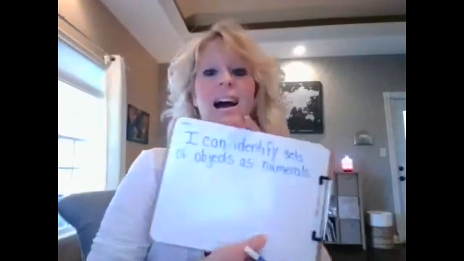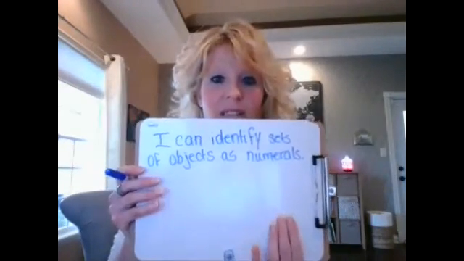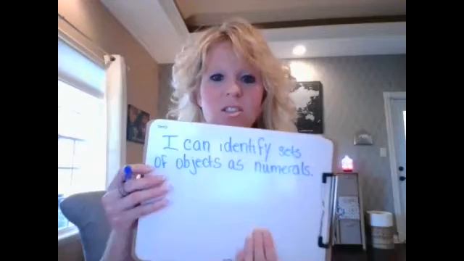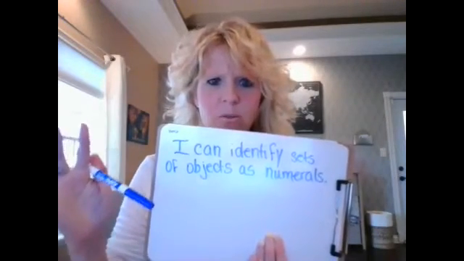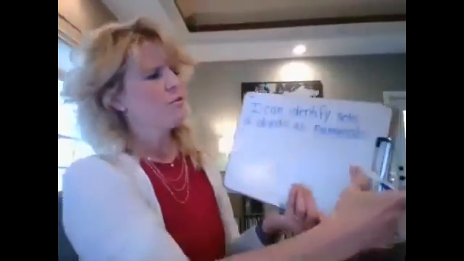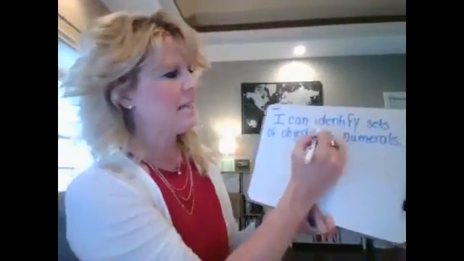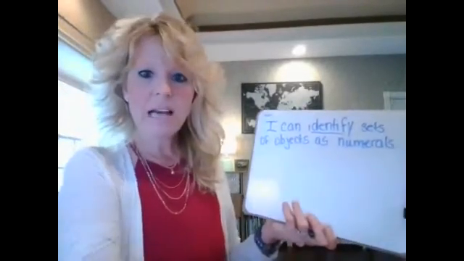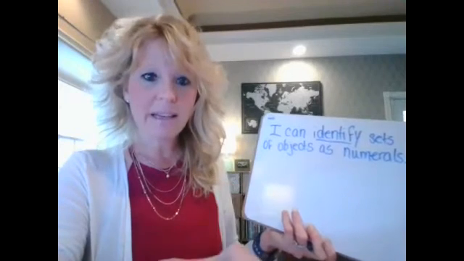Today, what we're going to learn about is I can identify sets of objects as numerals. So this is the skill that we're going to talk about. I want to talk about these words together real fast. The first thing I notice is it says, I can identify. That means I want you to be able to understand and recognize.